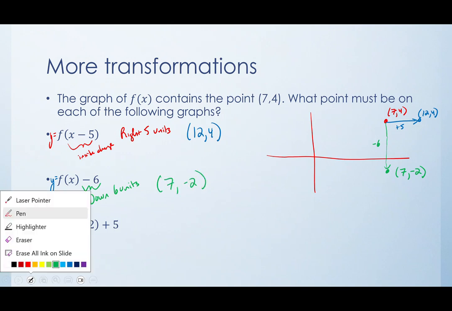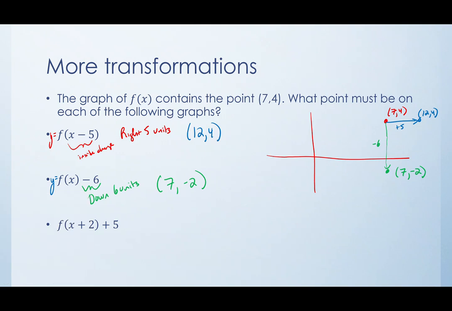And then what happens if we've got two of these together, right? We've got f of x plus 2, so that's going to go 2 units to the left and 5 units up. So we're going to start at (7, 4).